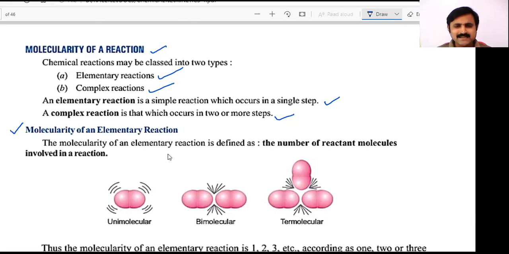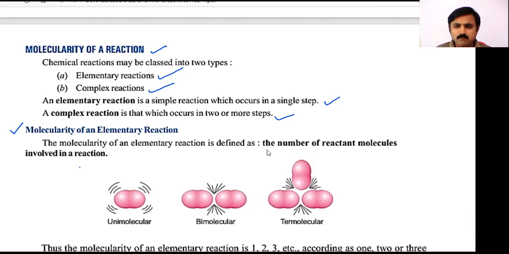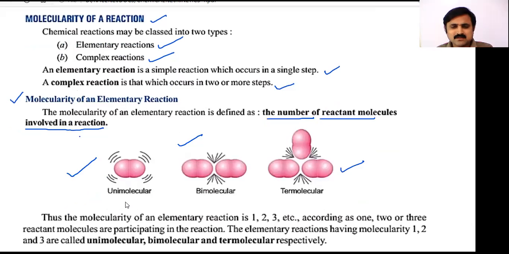Molecularity of elementary reactions is defined as the number of reactant molecules involved in the reaction. If one is involved, we call it unimolecular. If two are involved, it is bimolecular, collision is happening. If three are involved, it is called termolecular.